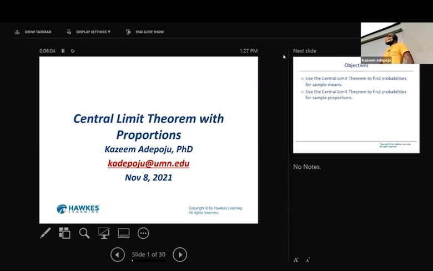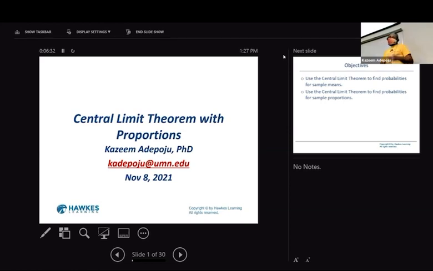What we're looking for is what we call a parameter. I told you the other time, a parameter is an unknown population characteristic value. The parameter could be mean, it could be proportion, it could be variance, it could be standard deviation.